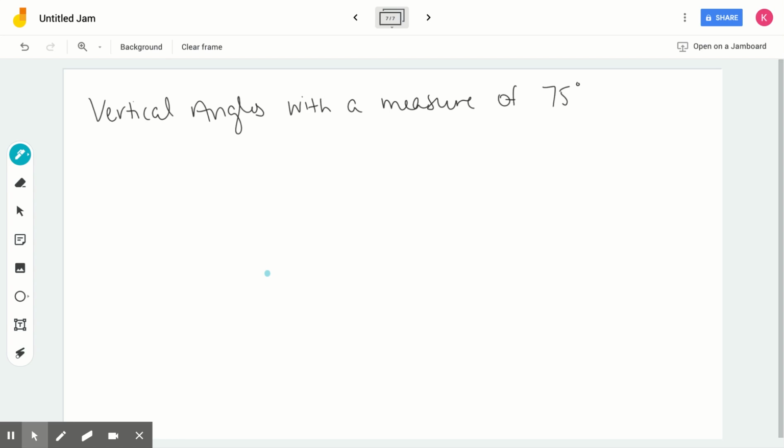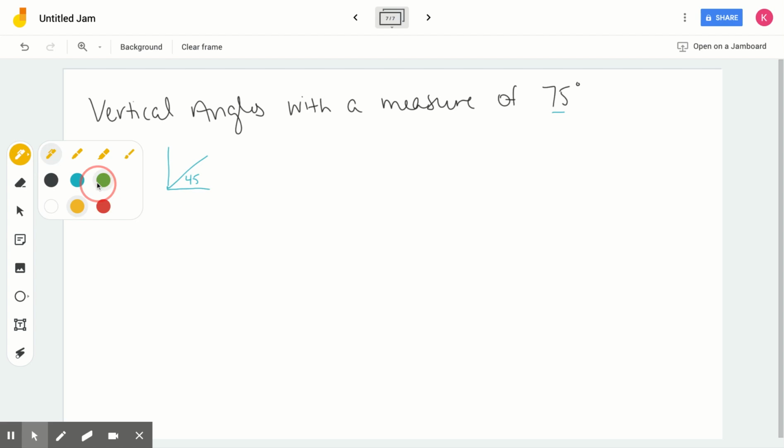Now, the last question asks us to draw a pair of vertical angles with a measure of 75 degrees. We know that a right angle is 90. Half of 90 is 45. So if we use our common knowledge of angles and what these look like, we know that our angle is going to be slightly bigger than 45, but slightly less than 90.